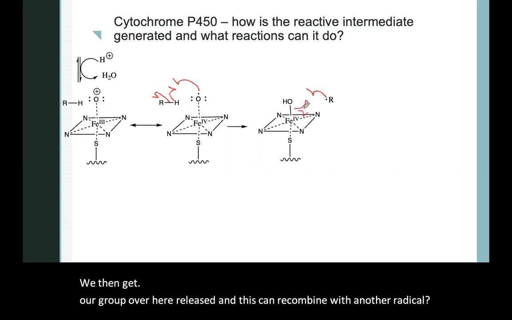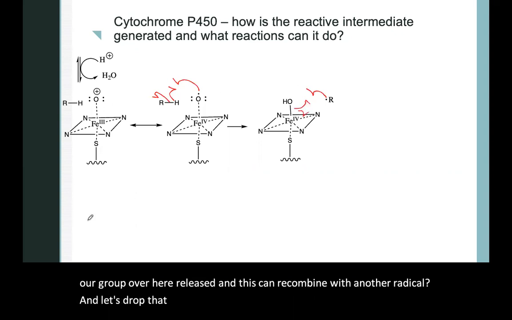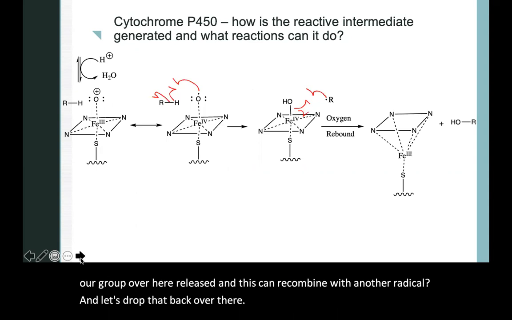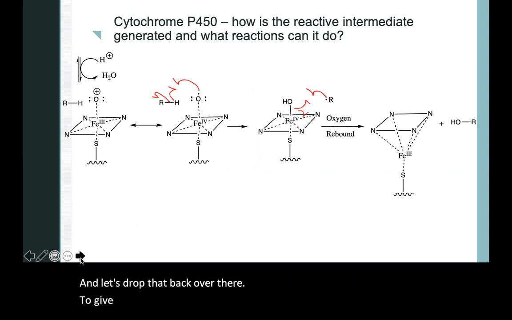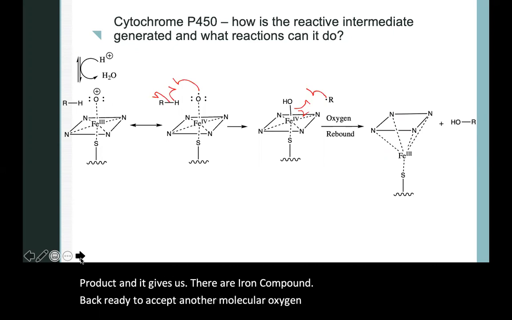And let's drop that back over there, to give our final hydroxylated product, and it gives us our iron compound back ready to accept another molecular oxygen and undergo another reactive turnover.